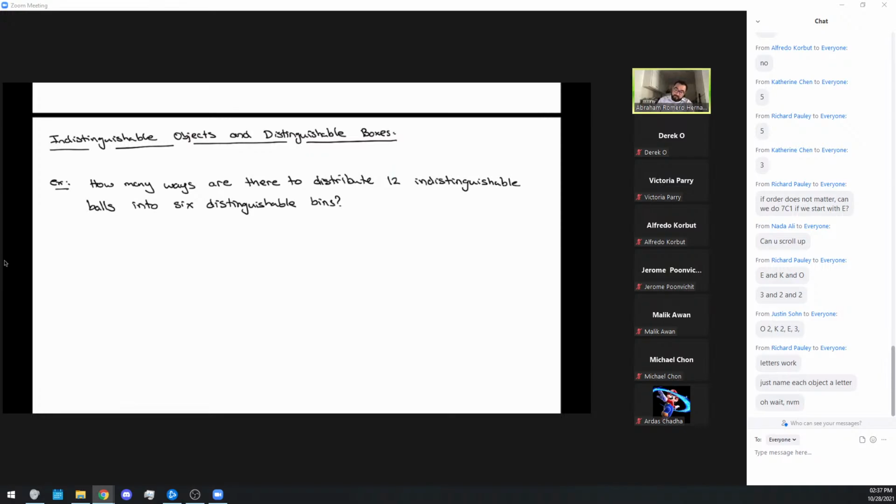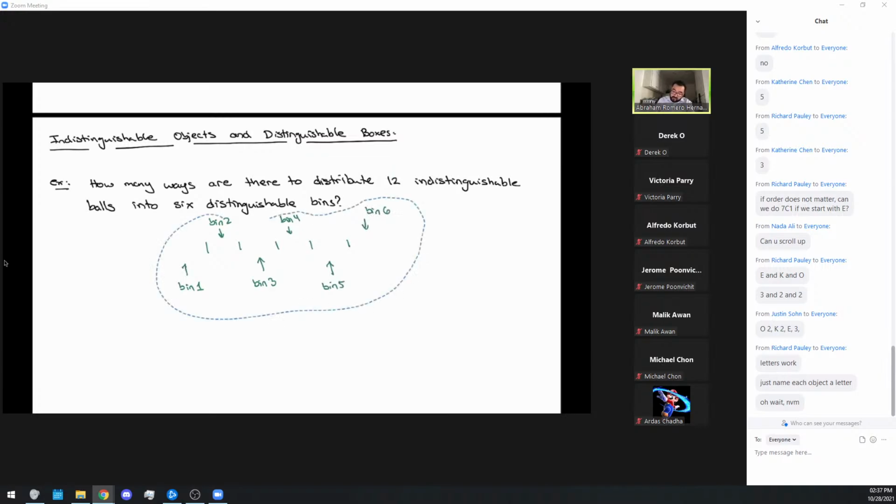So another way you could think about this is you have 6 distinguishable bins. So they're all different. I can line them up and use dividers. So 1, 2, 3, 4, 5, 6. This represents bin 1. This represents bin 2. This represents bin 3. This represents bin 4. This represents bin 5. And this represents bin 6.